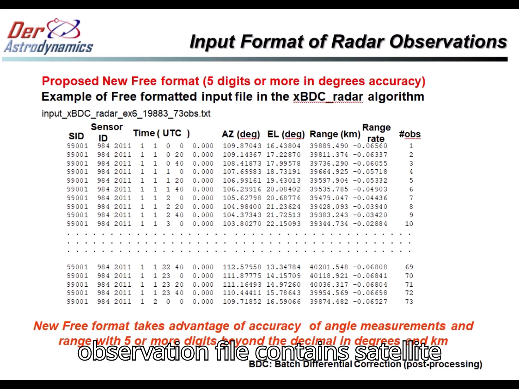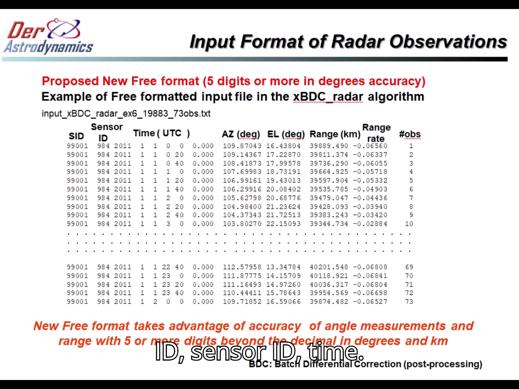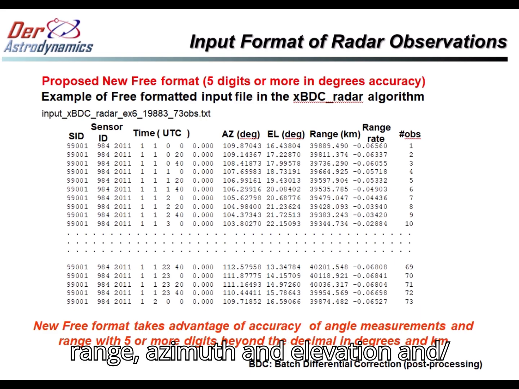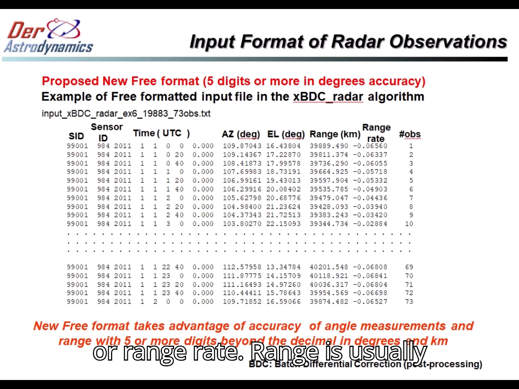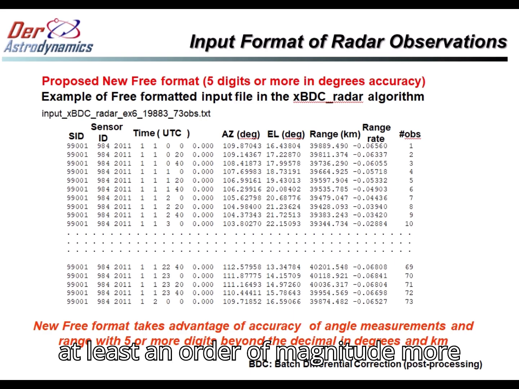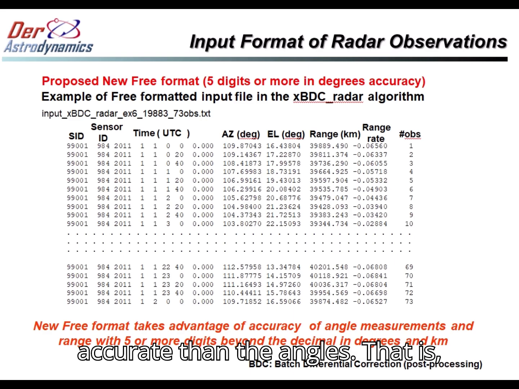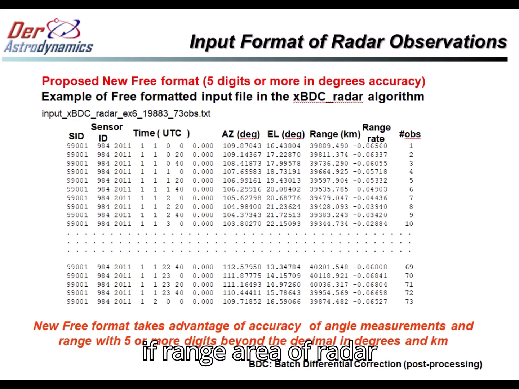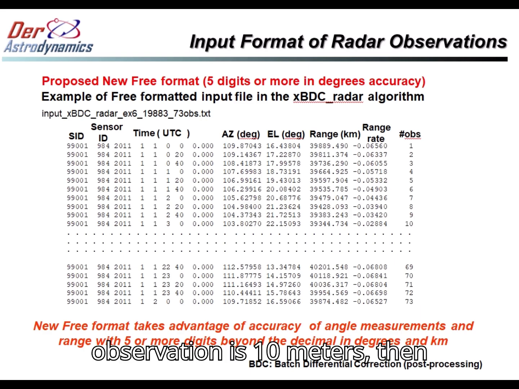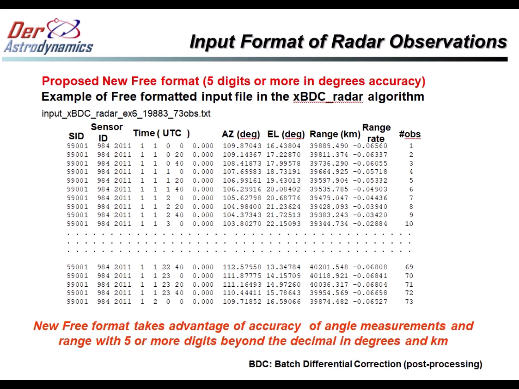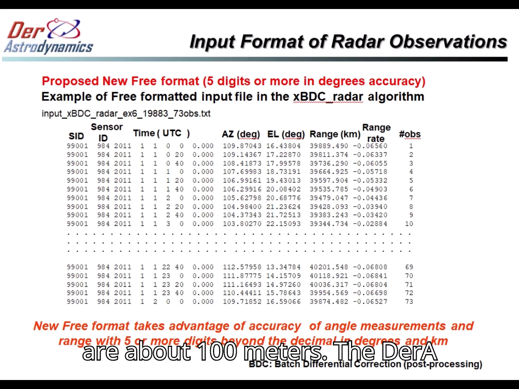A radar observation file contains satellite ID, sensor ID, time, range, azimuth, and elevation, and/or range rate. Range is usually at least an order of magnitude more accurate than the angles. That is, if the range error of a radar observation is 10 meters, then azimuth and elevation errors are about 100 meters.